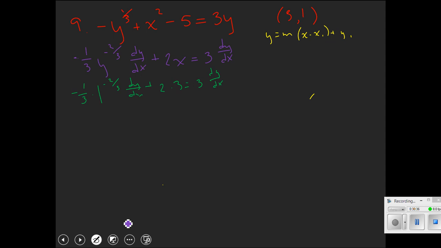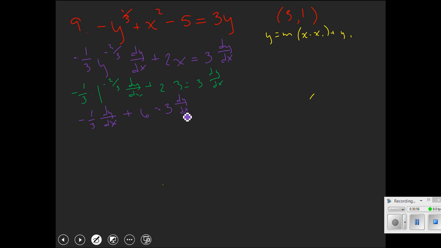So this 1 to the negative 2/3, 1 to any power is going to be 1. So we have negative 1/3 dy/dx plus 6 equals 3 dy/dx.